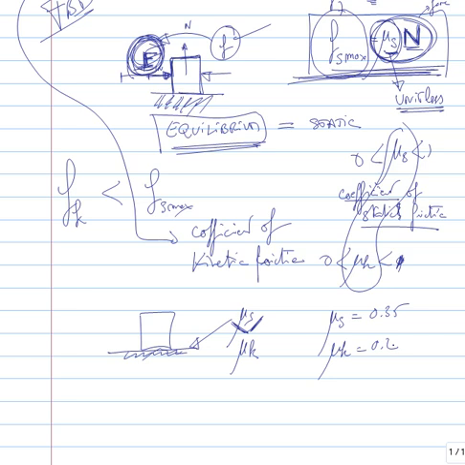If you know the normal force, and let's say N is 1 Newton, then the kinetic friction is 0.2 Newton, while the maximum static friction is 0.35 Newton, which means that to get this object to start to move, you need to apply a force which is bigger than this one. Then when it's moving, you can reduce that force from 0.35 to say 0.25, and it's still good.